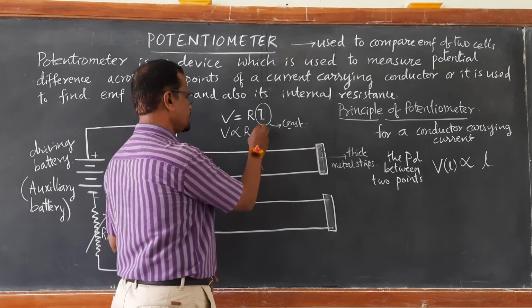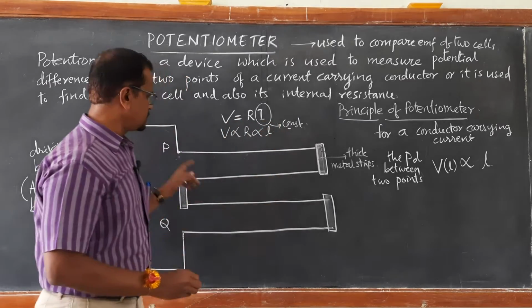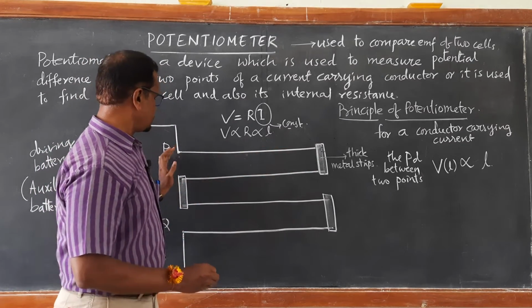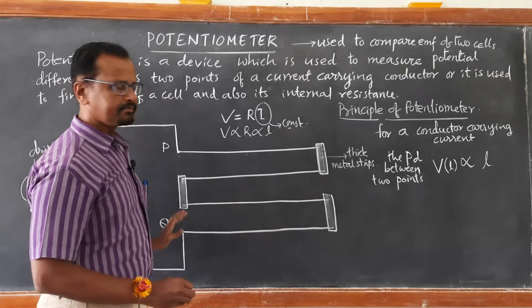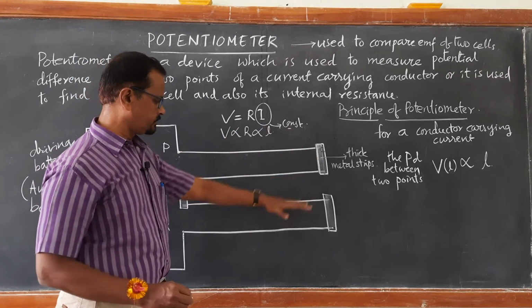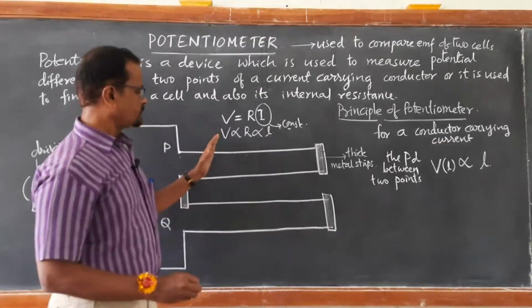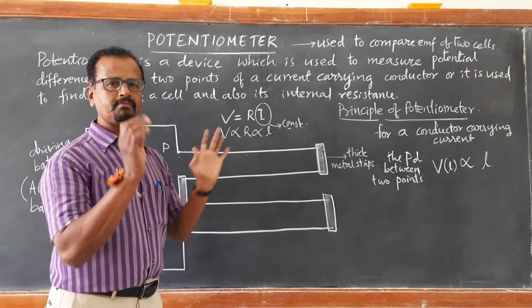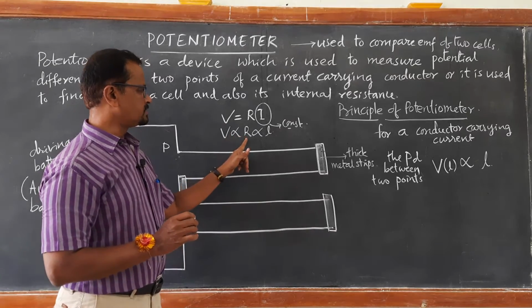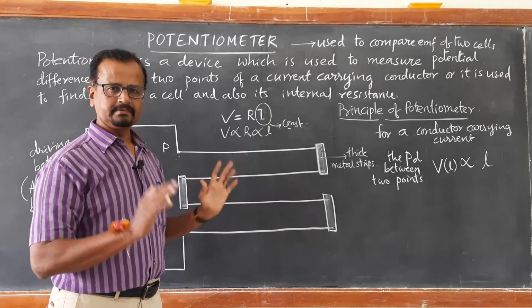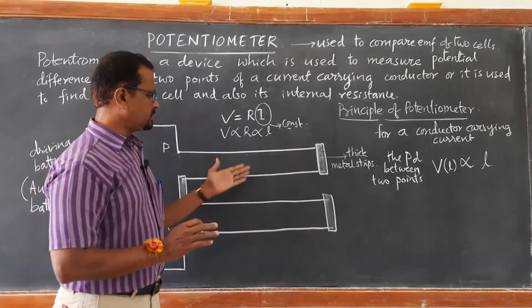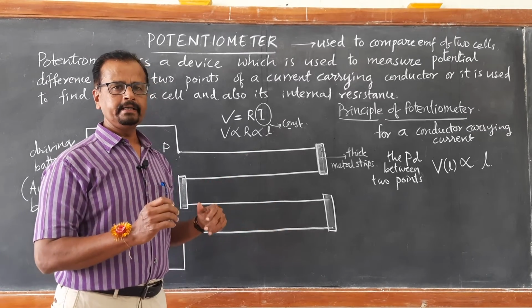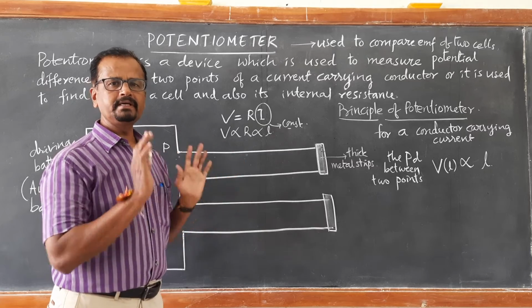But we know R is directly proportional to L, because it's a uniform wire having same thickness throughout from 0 end to 4 meter end. From 0 centimeter to 400 centimeter, the thickness of the wire is same, uniform cross section. Therefore, resistance of the wire is directly proportional to L, and it is of the same wire, say either constantan or manganin, its resistivity is also remaining same.